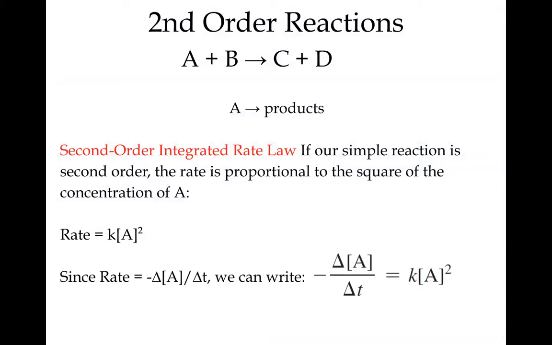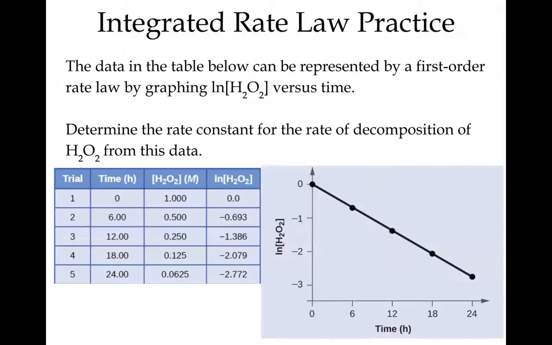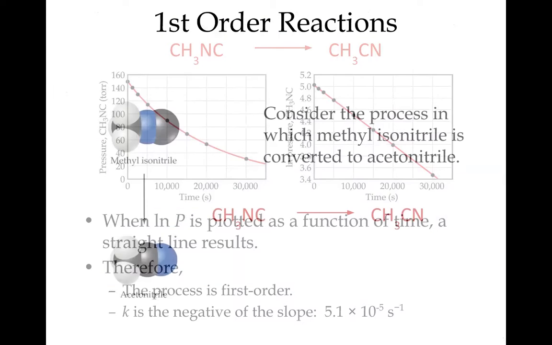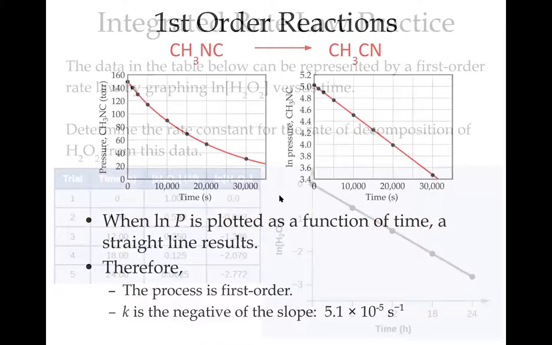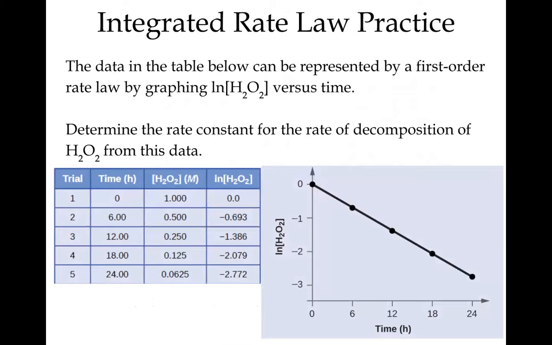Change in y over change in x. And as such, because the slope and the k are related in this way, the change in the natural log of hydrogen peroxide over the change in time should give us the answer we're looking for.